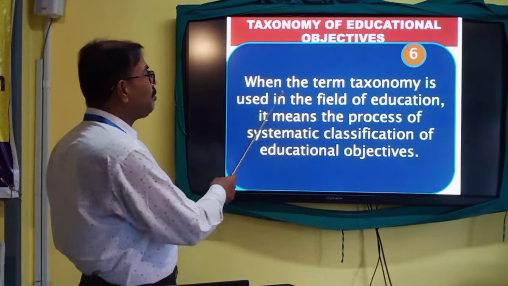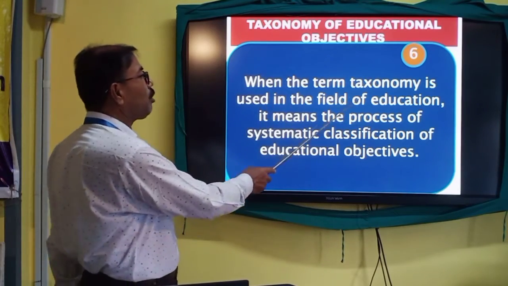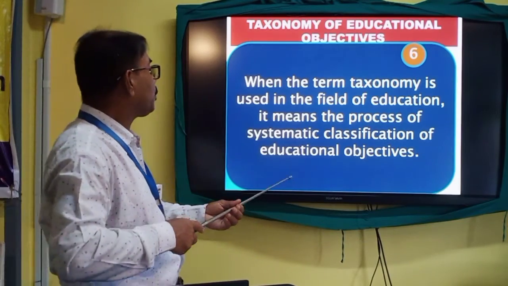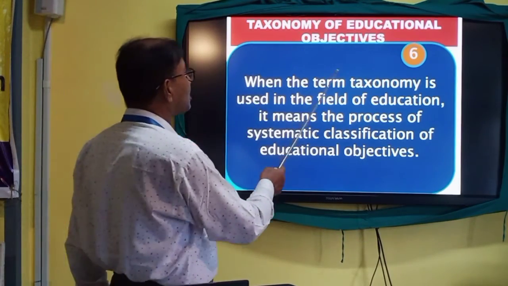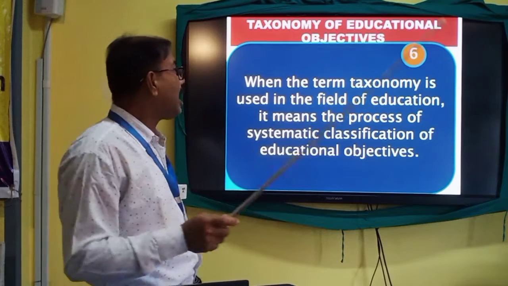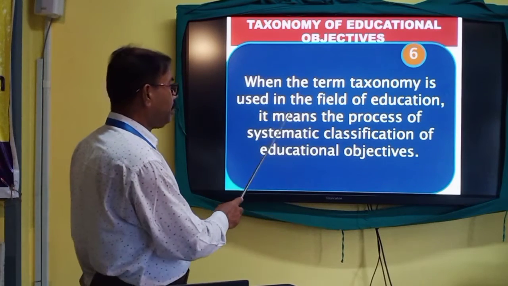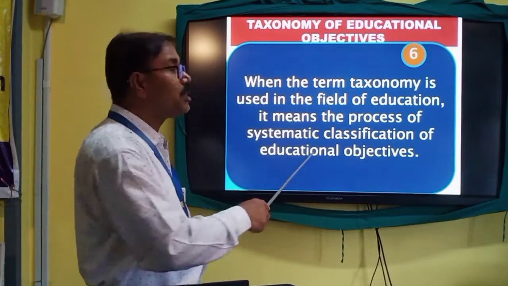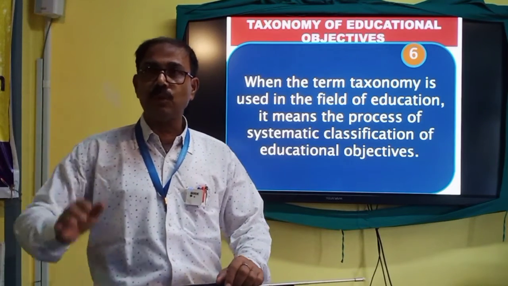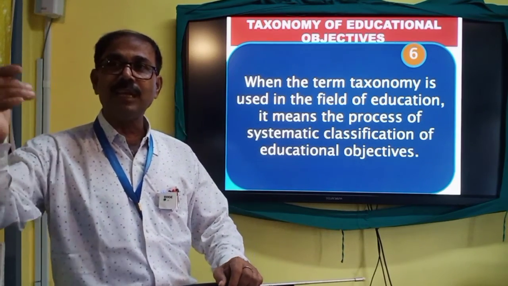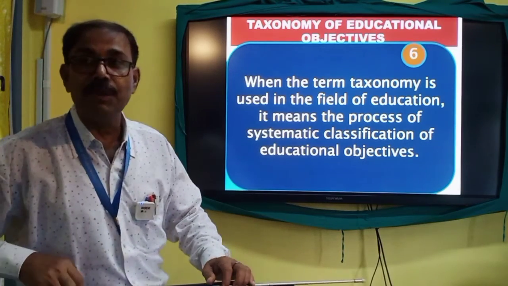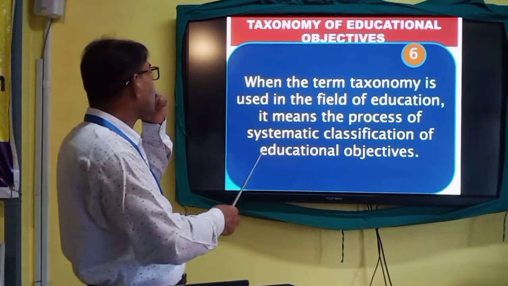When the term taxonomy is used in the field of education, it means the process of systematic classification of educational objectives so as to practically realize the mission, the goal or the vision of the process of education. Let us see the next slide.